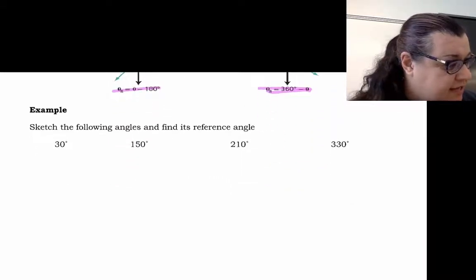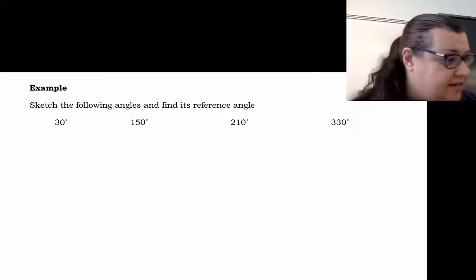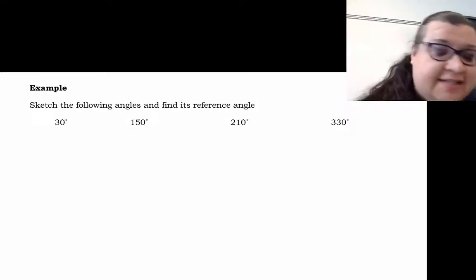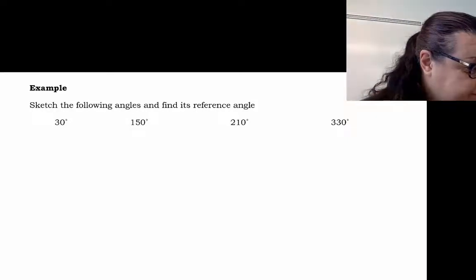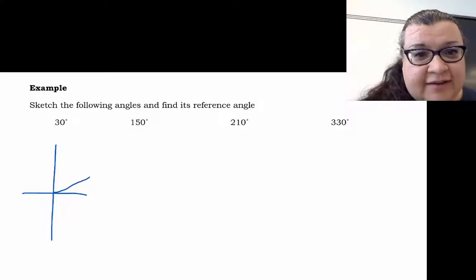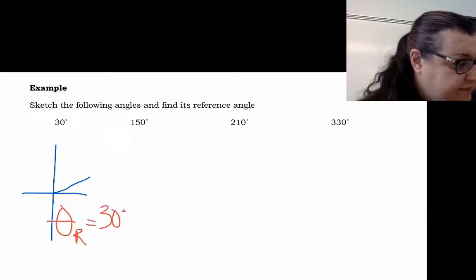All right, so sketch the following angles and find the reference angle. This is, again, kind of doing what we've done, only now we're finding the reference angle instead of theta. So 30 degrees, we'd be here in the first quadrant, and of course the reference angle and theta are the same thing. So the reference angle here is 30 degrees.